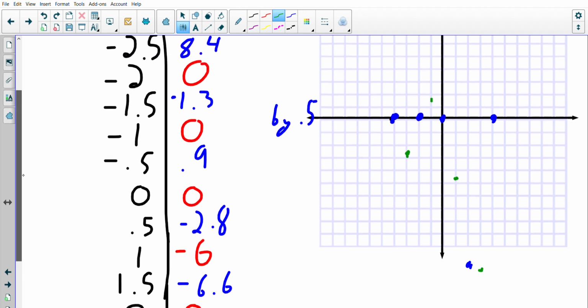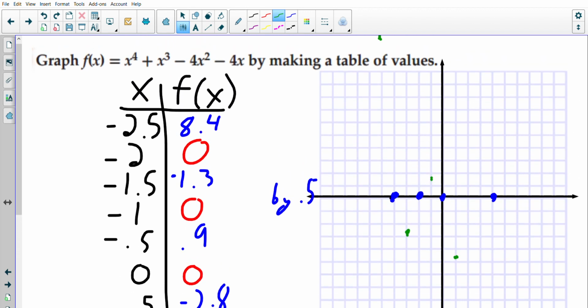If we take what we learned yesterday in the last lesson, we can tell the end behavior. We have a positive coefficient and an even degree, so both ends are going to go positive. If I follow that trend, I can follow my points and it should trail something like this.